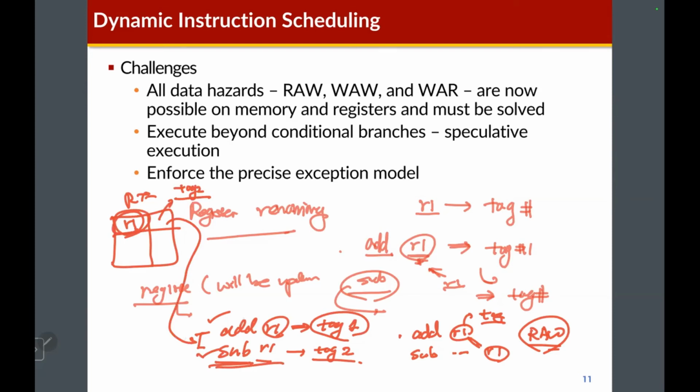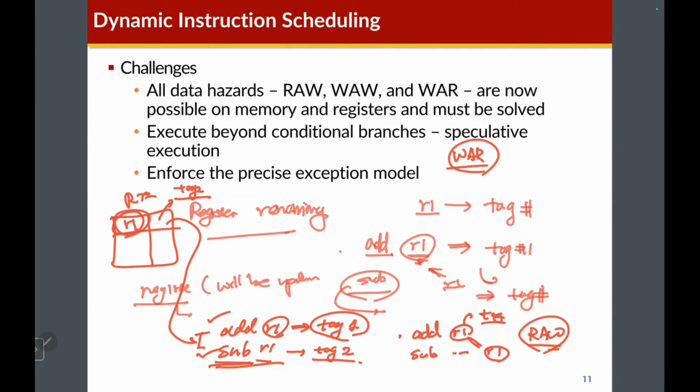That's how the WAW hazard is solved. Also, with the same mechanism, the WAR hazard can also be solved. So the Tomasulo algorithm implements out of order execution with tagging. The tag is assigned when the instruction is dispatched, and with this different tag, we can handle the hazards.